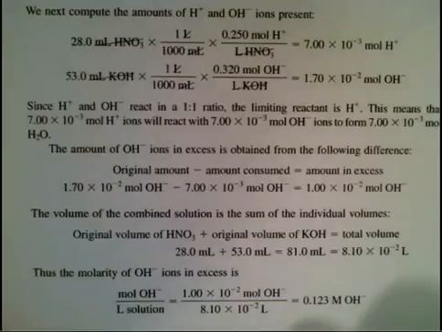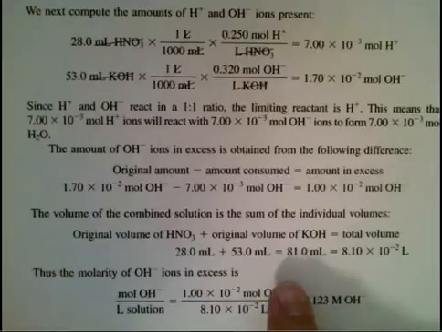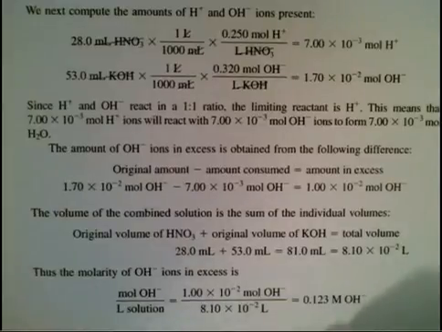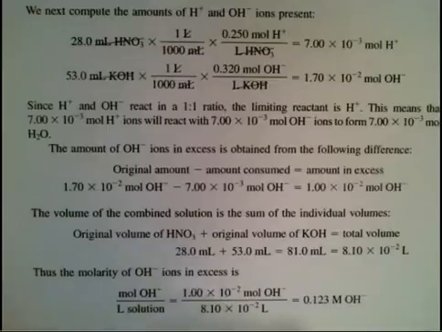Now, as per our molarity calculations, we need that to be in terms of liters, and so we're going to convert this value of milliliters into liters, and that gives us 8.10 times 10 to the negative 2 liters.